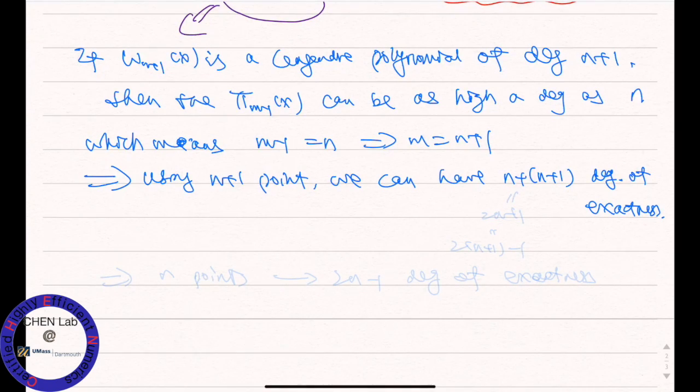So that is 2n plus 1, which is equal to 2 times n plus 1 minus 1. Which means if we do m points, that will lead to 2m minus 1 degree of exactness.